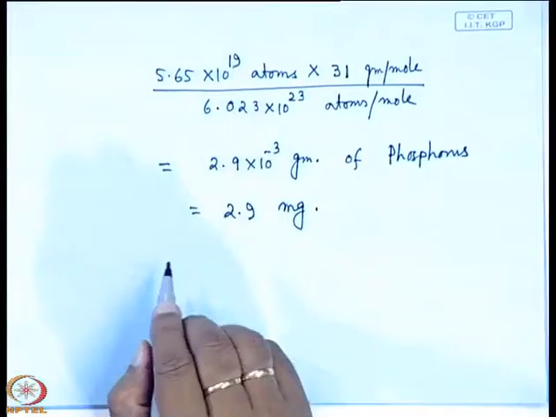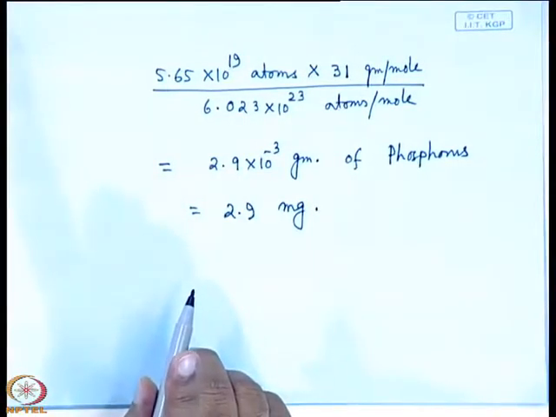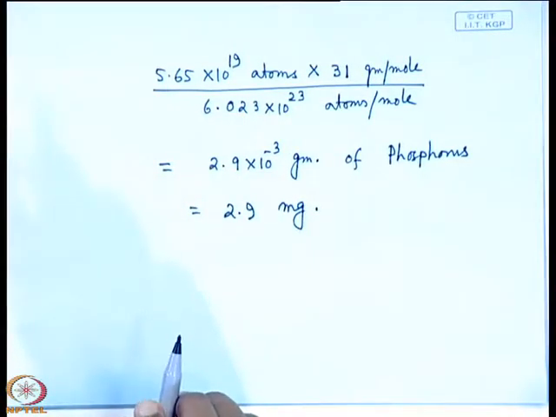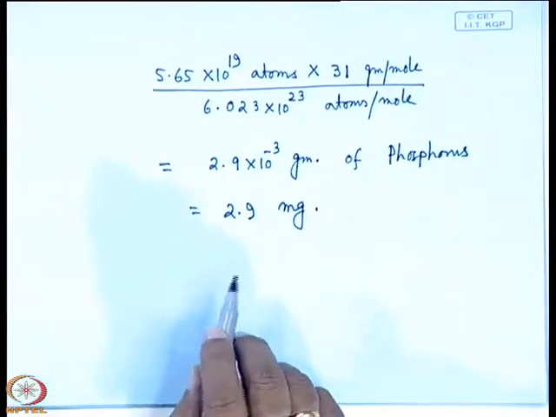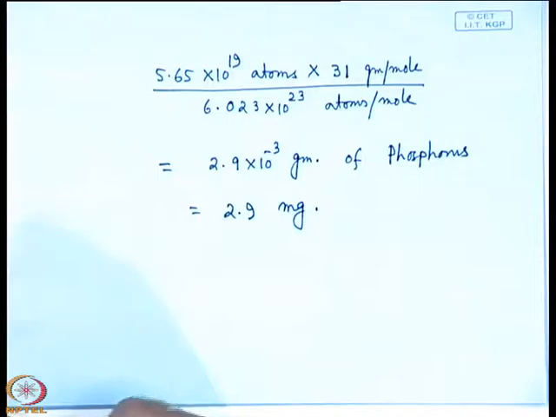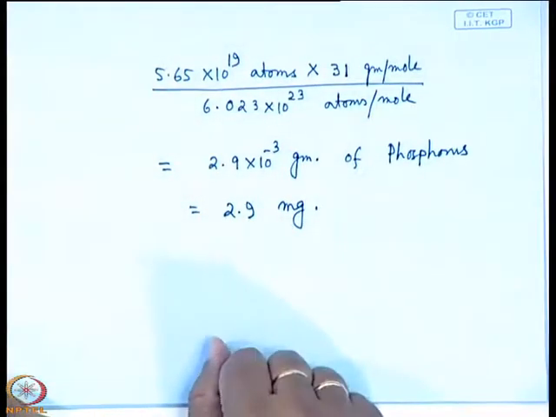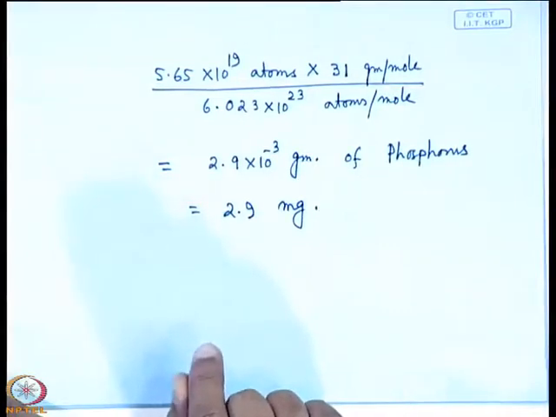So, what you find is that for 5 kg of silicon, to obtain a 10 to the power 16 per centimeter cube carrier concentration, meaning 10 to the power 16 electrons, you need only 3 milligram of phosphorus atoms.